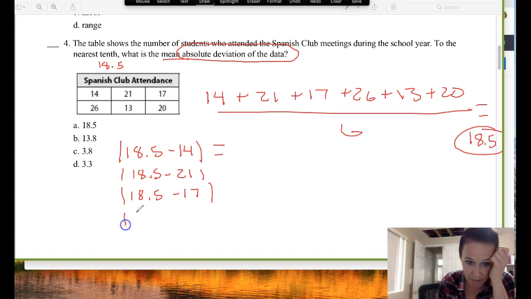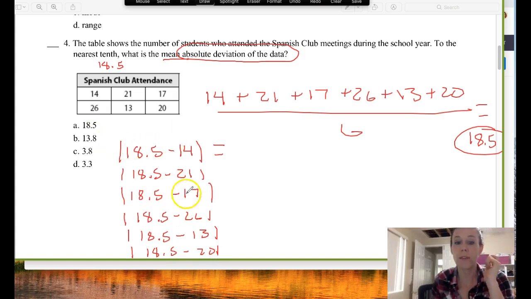All right, 18.5 minus 26, 18.5 minus 13, and then the last one, 18.5 minus 20. All right, so I have to find the difference of each of these, and let's just go ahead and do that real quick. I'm going to pause it and write down all the values.